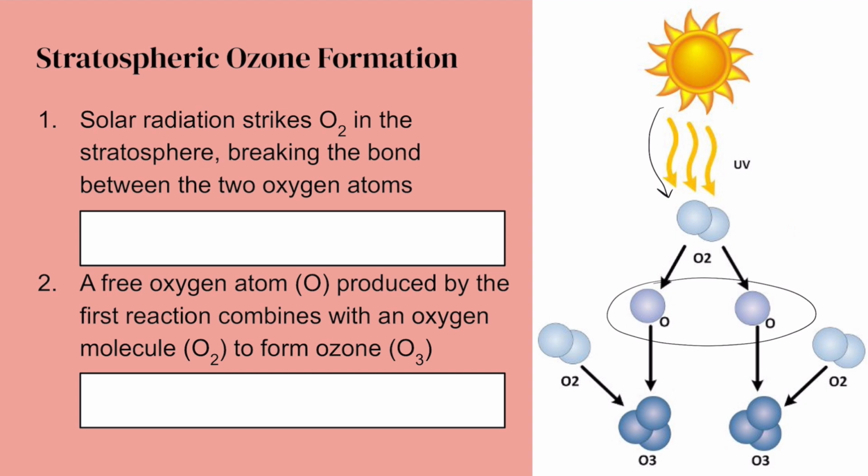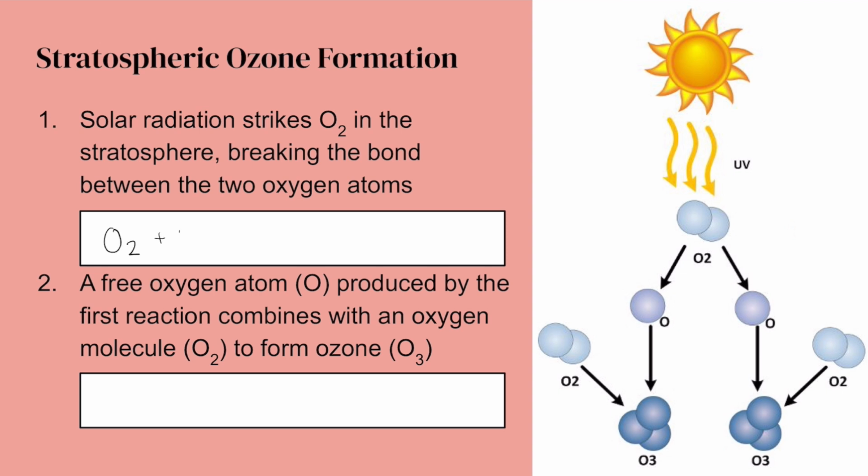So if we were to draw this equation, and I do want you to have this in your notes because when you are answering an FRQ, it's okay if you answer by using chemical equations. It's not required, but if that's what makes sense in your brain, then that's what you should be using to respond to questions about ozone formation and breakdown. So this first reaction, we have a molecule of oxygen.